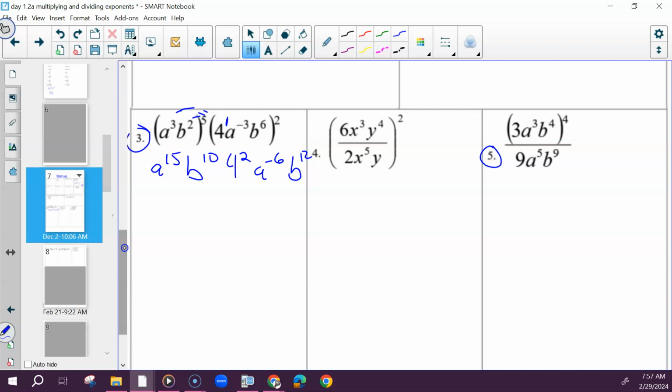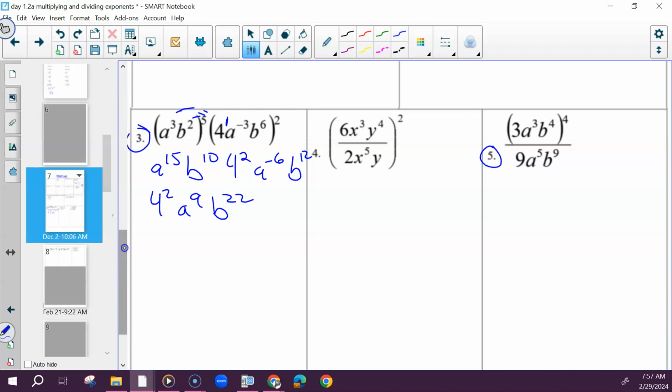Adding what? We can add the exponents of the like bases. So if we add them together, 15 minus 6 would give us 9. And then if we add our b's, 22.